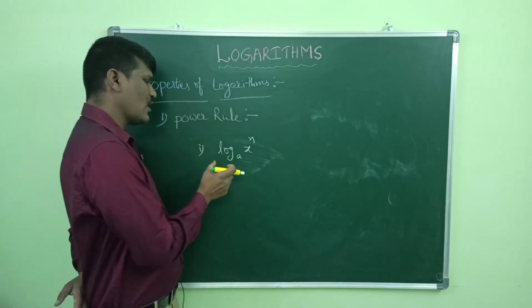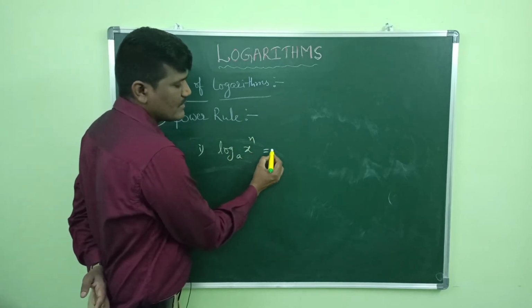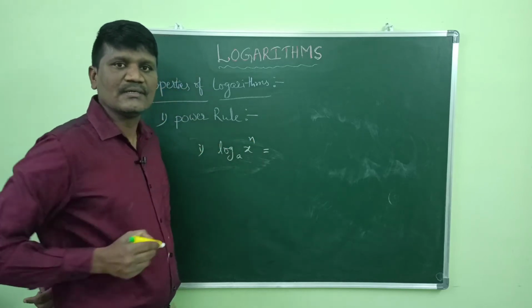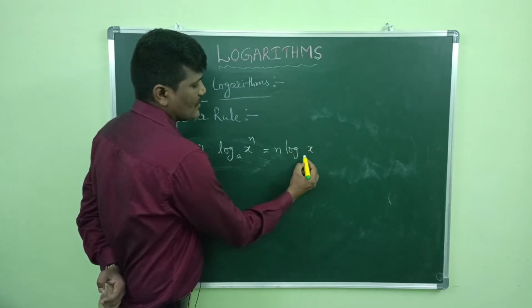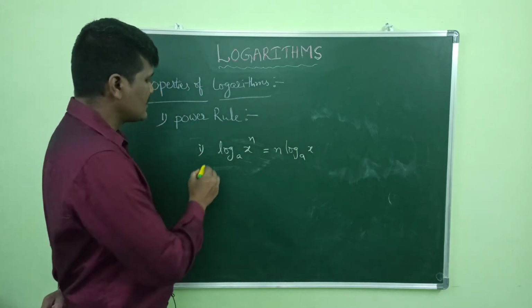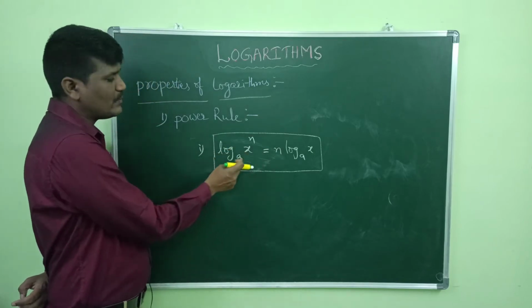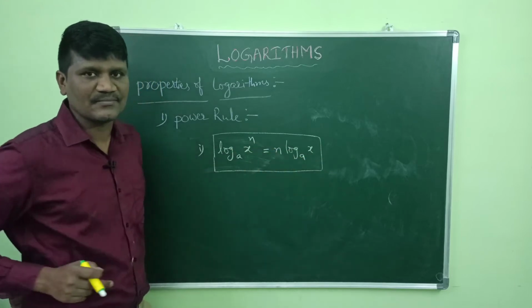If any logarithm is in the form log of x power n to the base a, I can write this with the power brought to the front as a product: n log x to the base a. This is the most important formula. Log x power n to the base a is equal to n into log x to the base a.